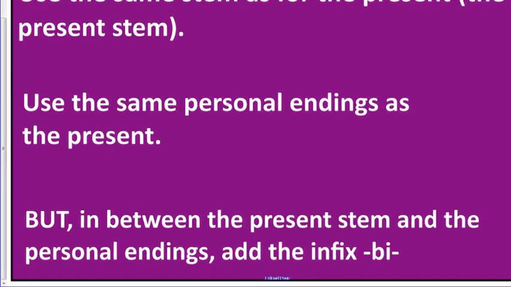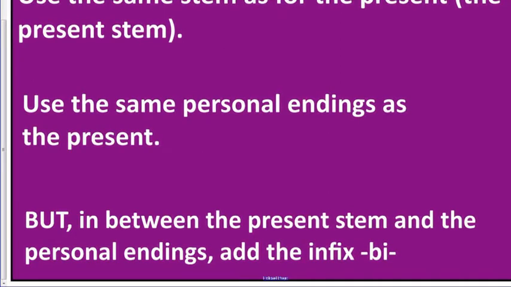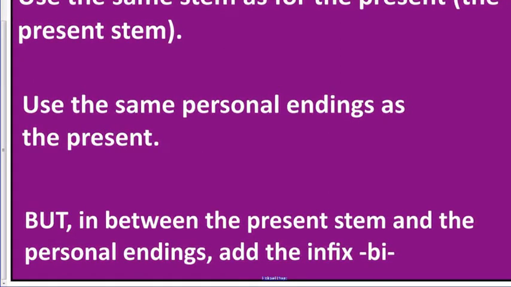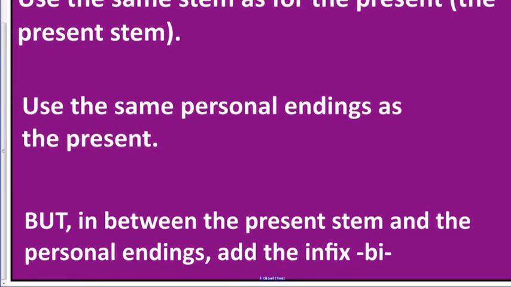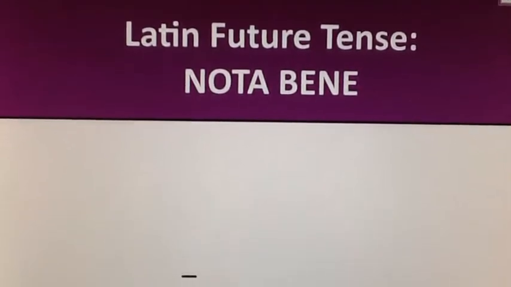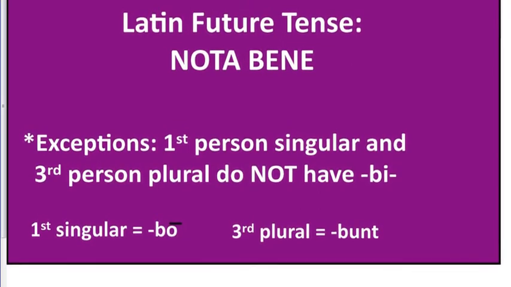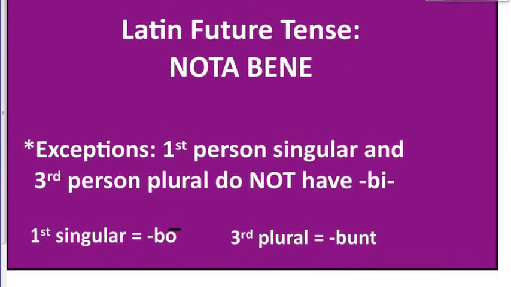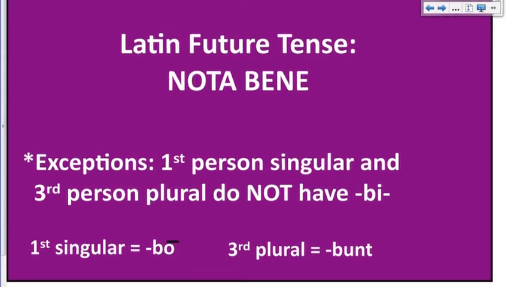You know from English class that a prefix goes on the front of the word, like the word pre, and a suffix goes on the end of a word. An infix goes in between. Nota bene, that means note well, that there are some exceptions to the bi rule. First person singular is bo, and third person plural is bunt.